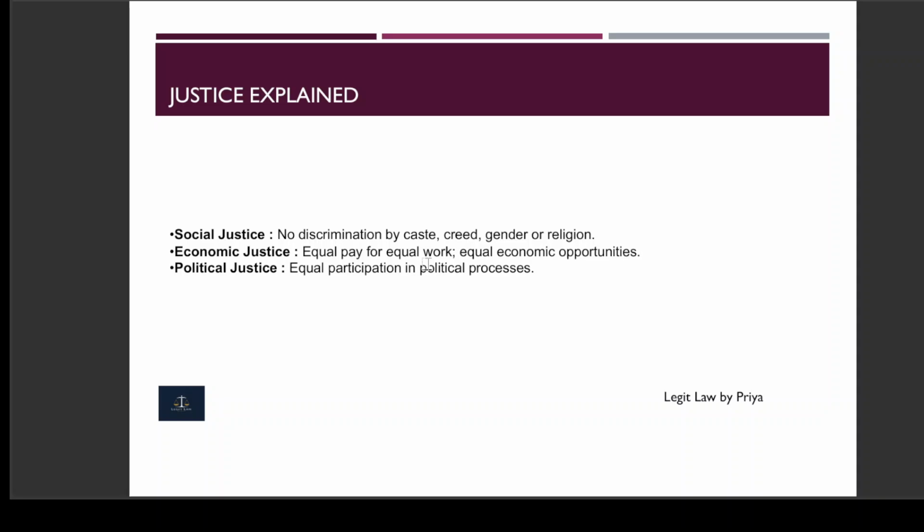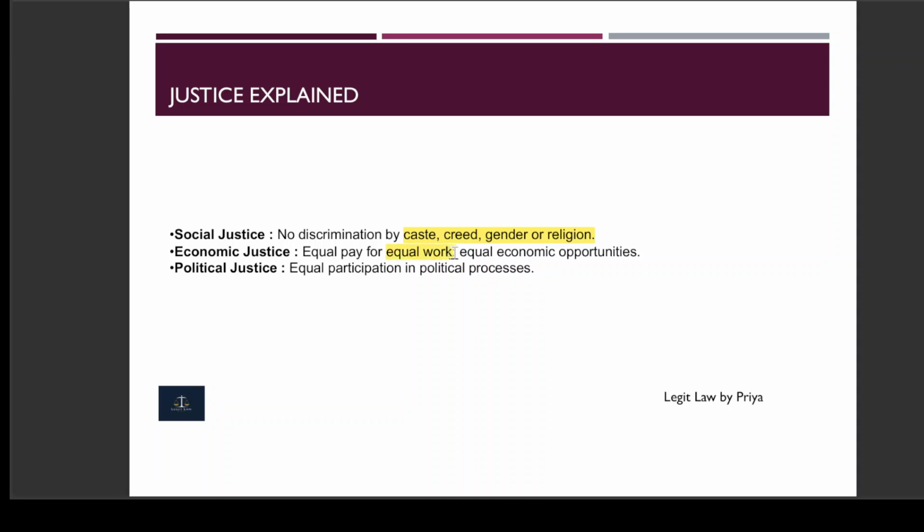So let's understand the three justices we just read above: social justice, economic justice, and political justice. Social justice means a society without discrimination on caste, creed, gender, or religion. On the basis of these things, there will be no discrimination. Economic justice means equal pay for equal work.